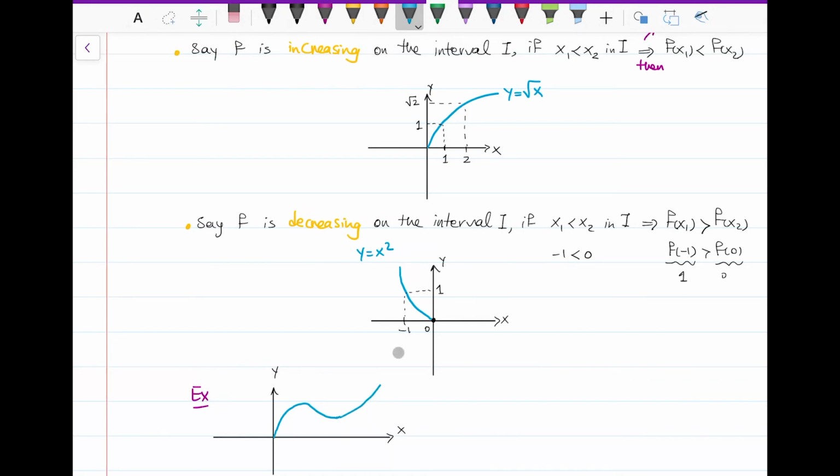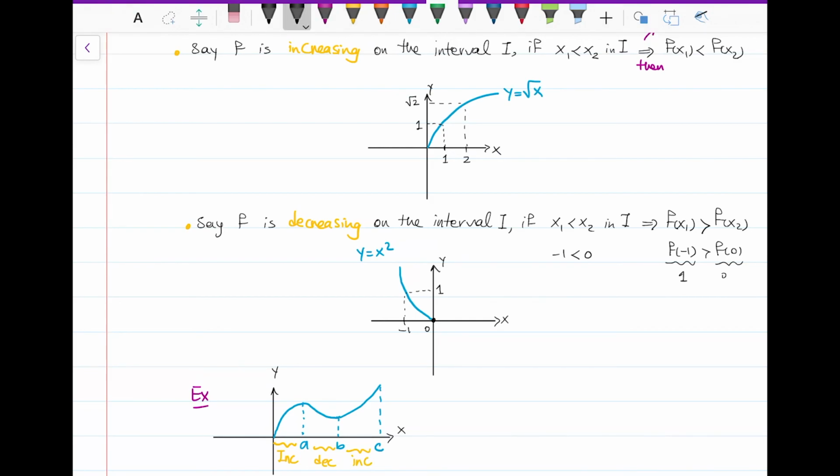As you see, the graph goes from the origin up to this point A, then B, and just assume that the last point is C. So the graph on the interval from 0 to A is increasing. From A to B, the graph is decreasing. And from B to C is also increasing.